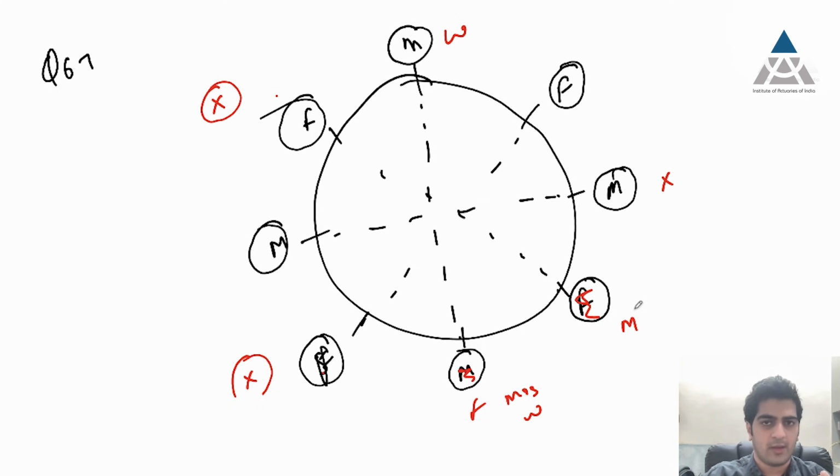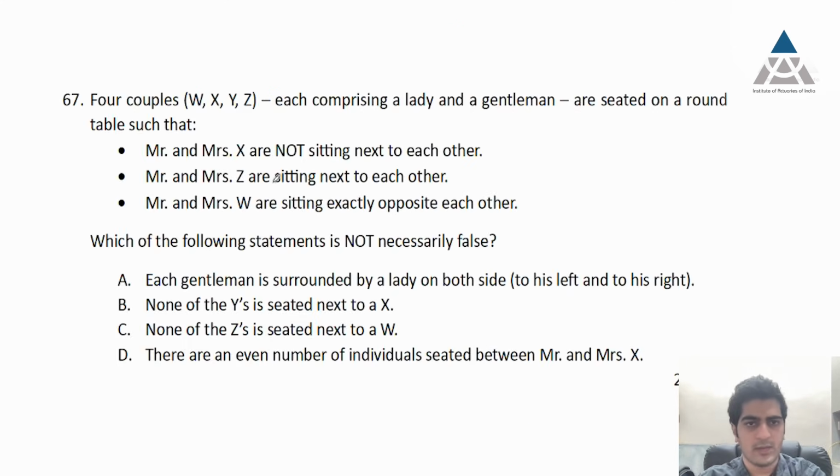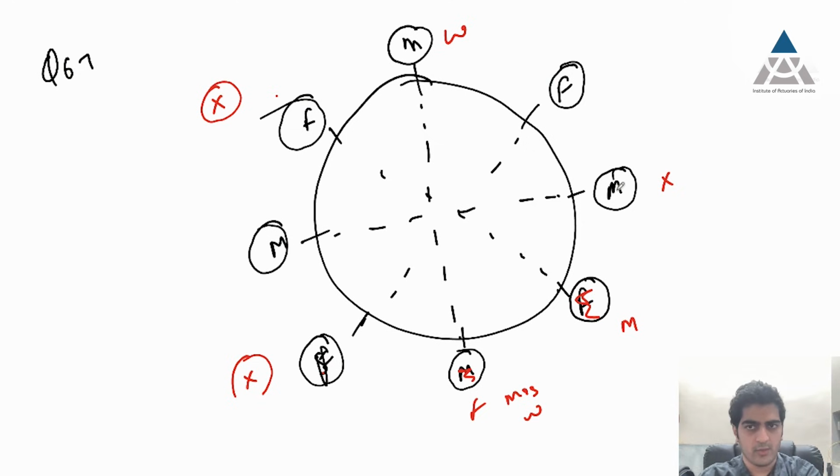which means where is Y? So, and on top of that, we are also told that Mr. and Mrs. Z are sitting next to each other. So X, okay, if X is here, then Mrs. X is here or here. But then what about Z?